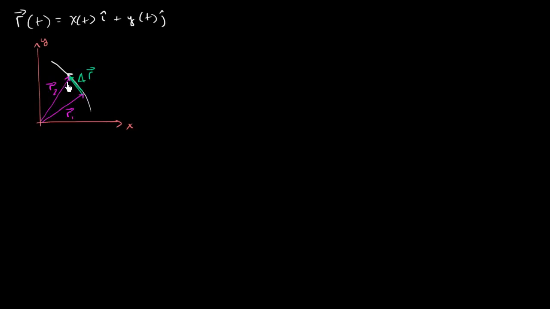And as that increment between r1 and r2 gets smaller and smaller, as we have a smaller and smaller t increment, the slope of that delta r is going to more and more approximate the slope of the tangent line.